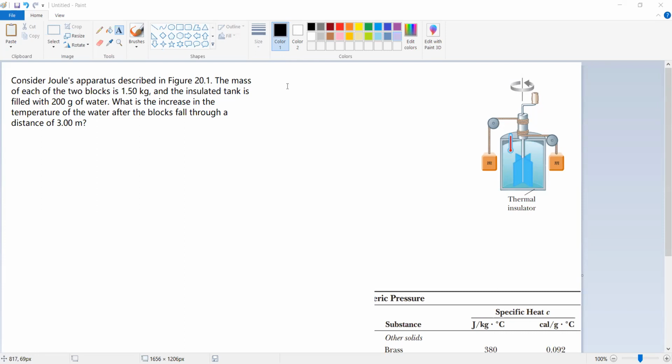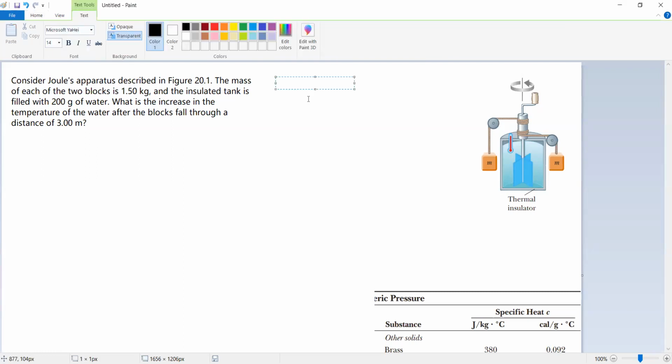All right, what do we have here? Well, in this problem, we will be using the first law of thermodynamics. But first, let's define what we are given. So M1 plus M2 equals M blocks and is equal to 3.0 kilograms. Where did I get that number from?